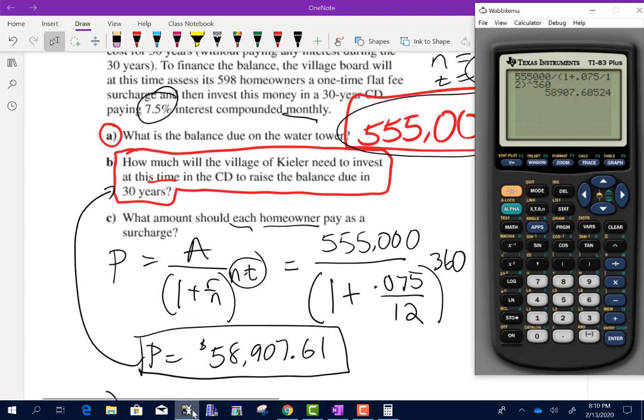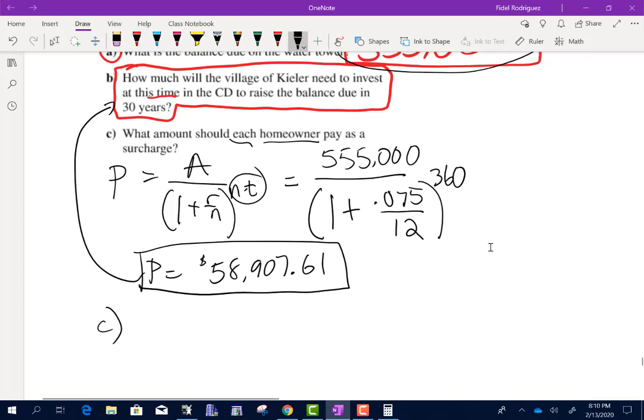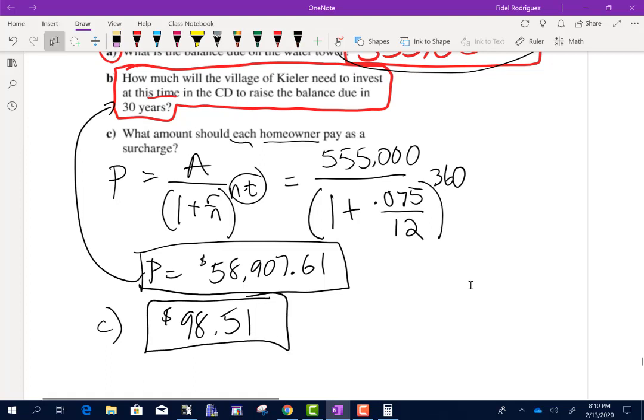So let me grab my calculator again. Take that number, divide it by 598. And so today, everybody needs to have $98.51, and we're going to have water for the rest of our time, right?